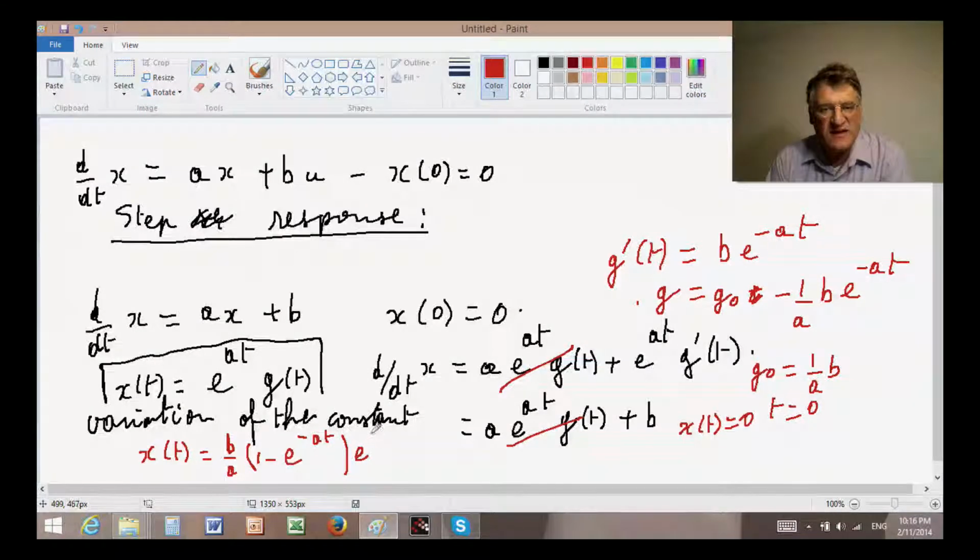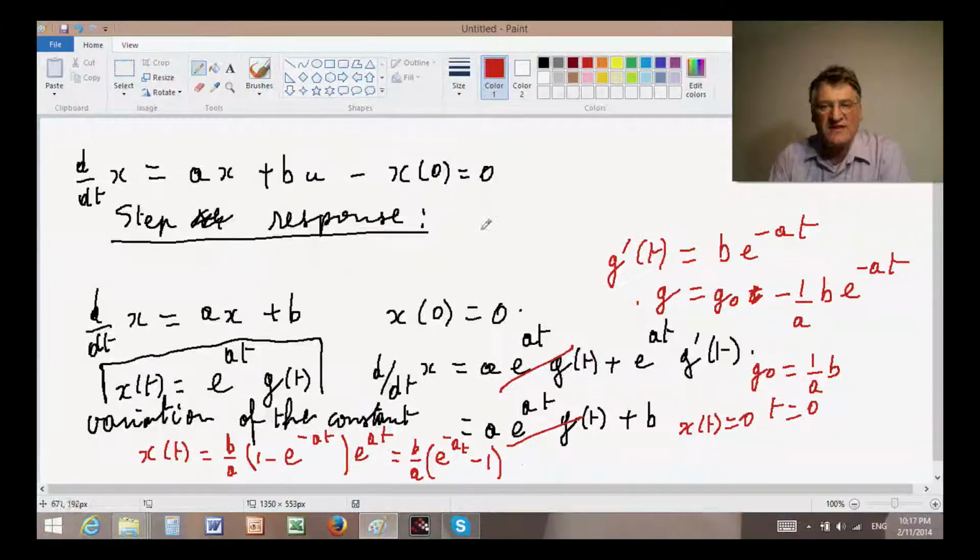So I multiply this by e to the at, and I can therefore rewrite this as b over a times e to the minus at minus 1, which is a whole proper expression.